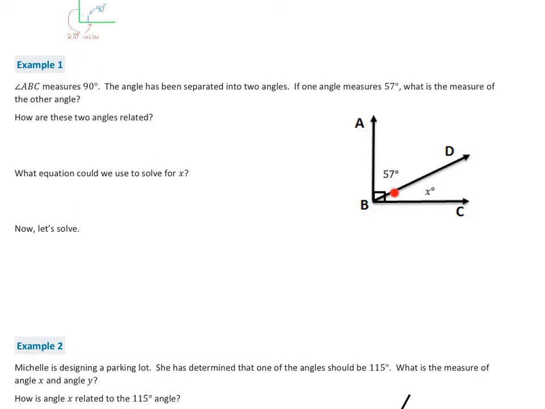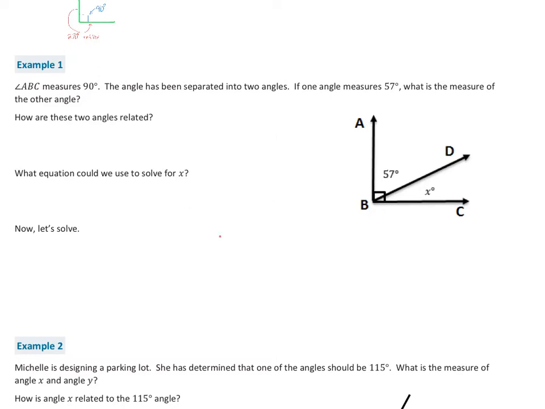So that is less than 90 degrees, but what we can see is that ABD plus DBC, which would be 57 degrees plus X degrees, should equal 90 degrees.